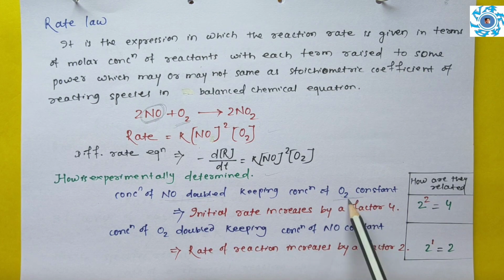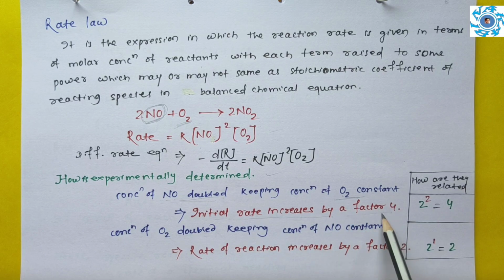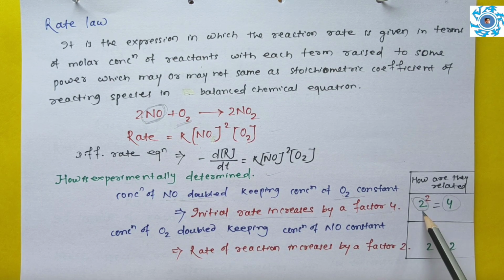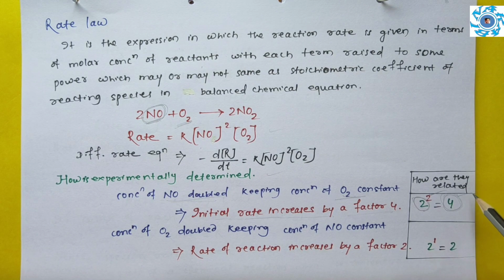Then what did we observe? We observed that the reaction rate increased by a factor of 4. So we doubled the concentration of nitric oxide and the reaction rate became 4 times. That means the relation between 2 and 4 is 2 squared is equal to 4.